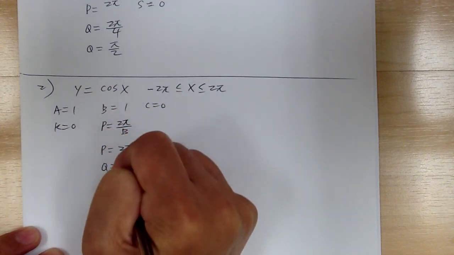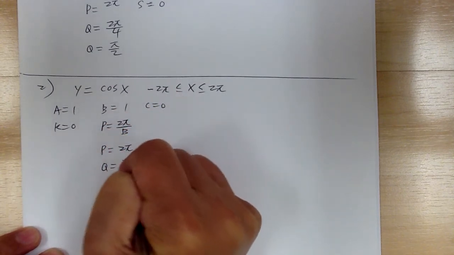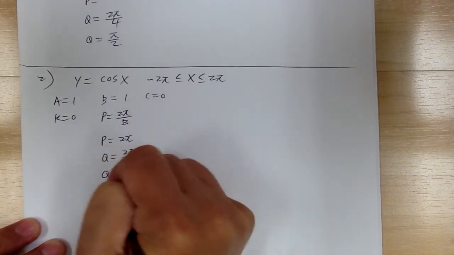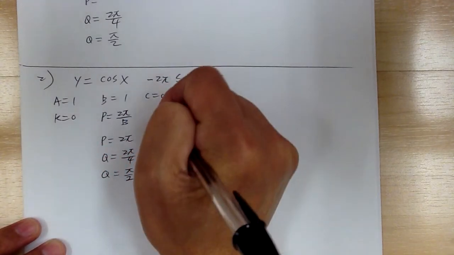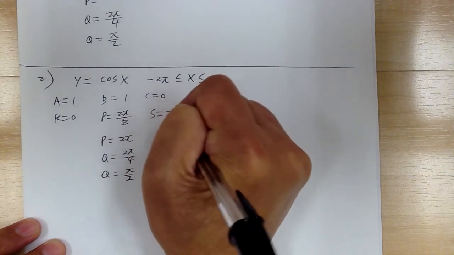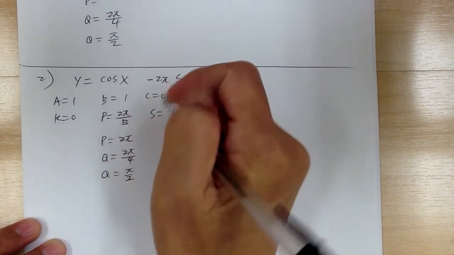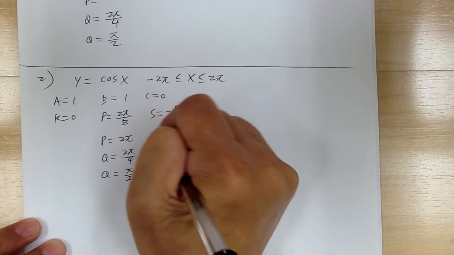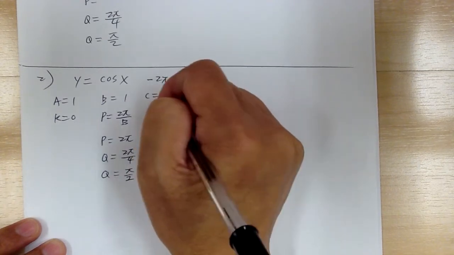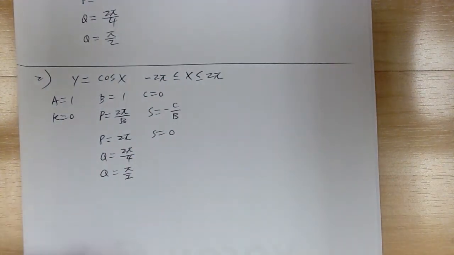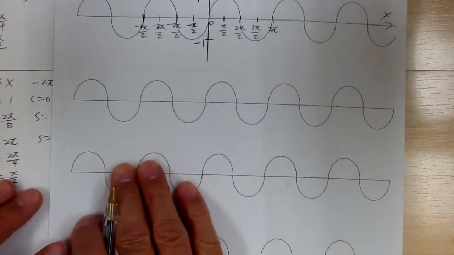So Q is 1/4 of that, so 2 pi over 4. So Q equal to pi over 2. Over here, the shift is negative C over B. Now when you write these things, I will help you to memorize the formula. So shift equal to 0 because C is equal to 0. So once you get that information, then you can get ready to graph.